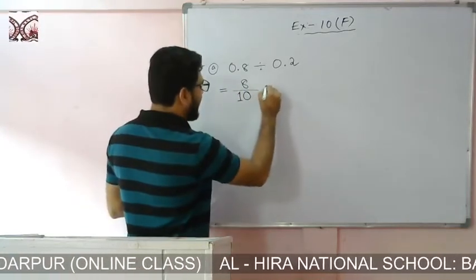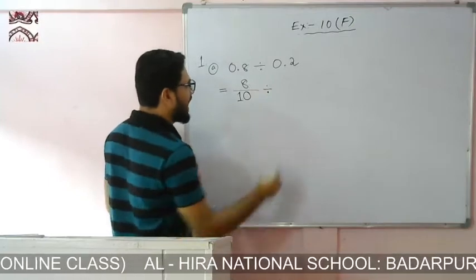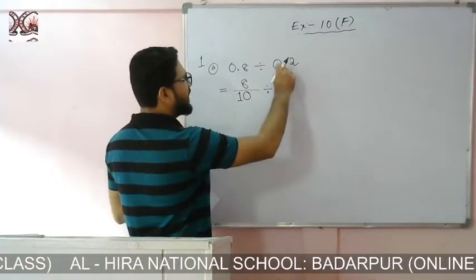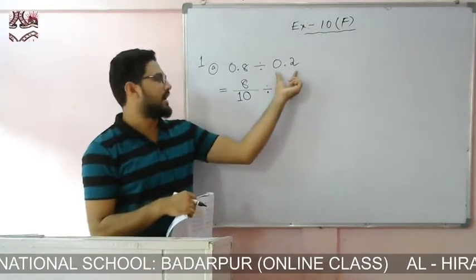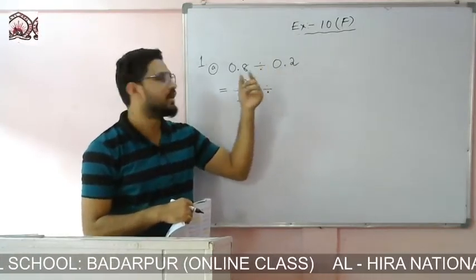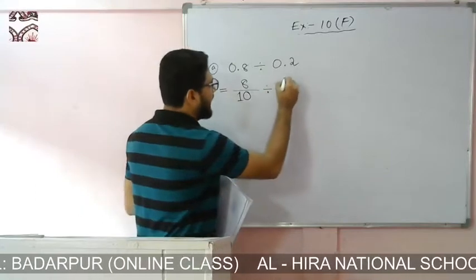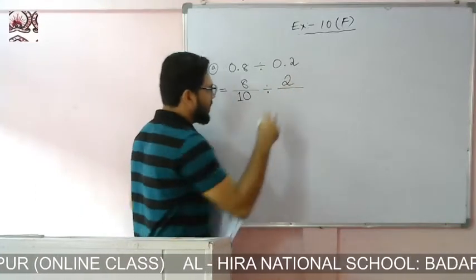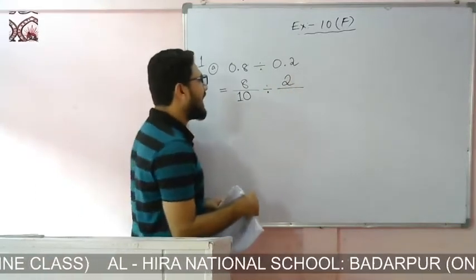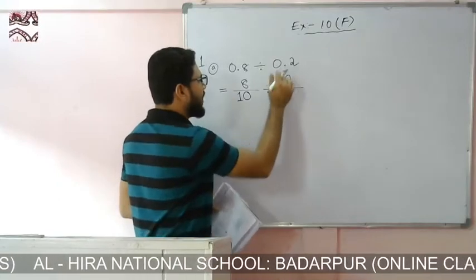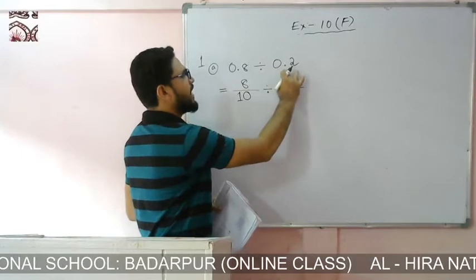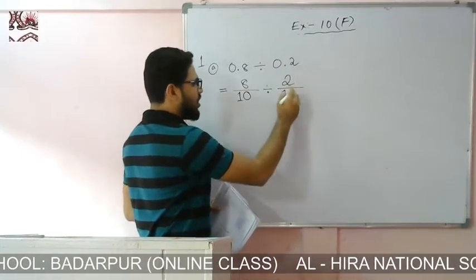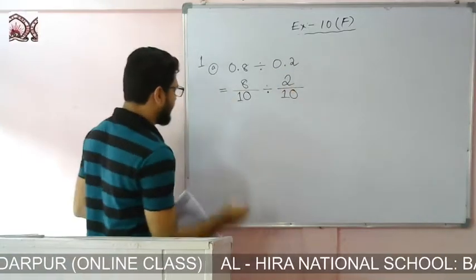Here we'll give the division symbol. After that 0.2, if I omit the point, I can write directly 2. Then the numerator will be 2 and the denominator will be, for the point we put 1, and there is only one digit after the decimal point, so 10.